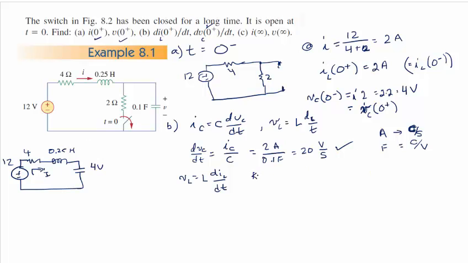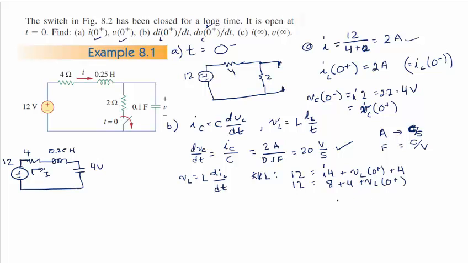So we'll do KVL. We have 12 volts equals I times 4 ohms plus the voltage in the inductor at time 0 plus, plus the 4 volts from the capacitor. And we know that I is 2 amps at this time. 12 equals 8 plus 4 plus the voltage in the inductor at time 0 plus.